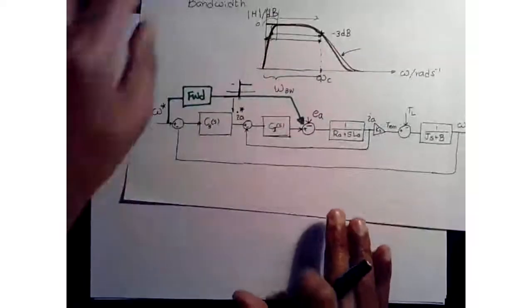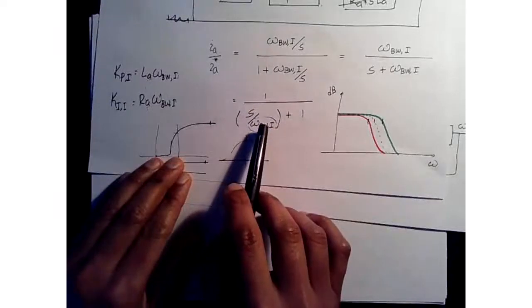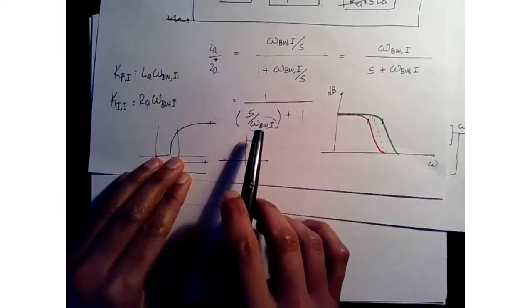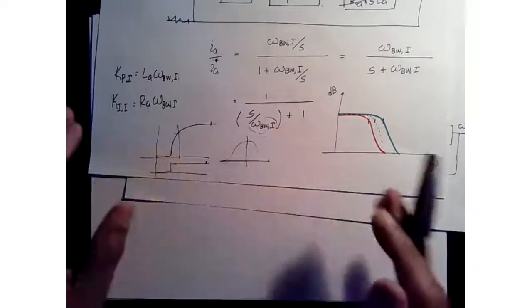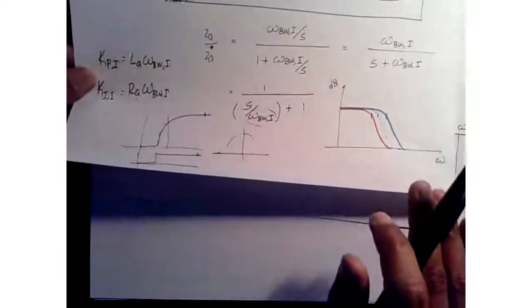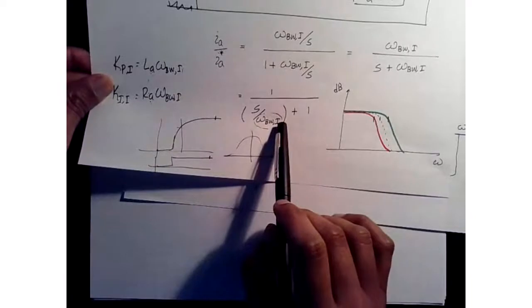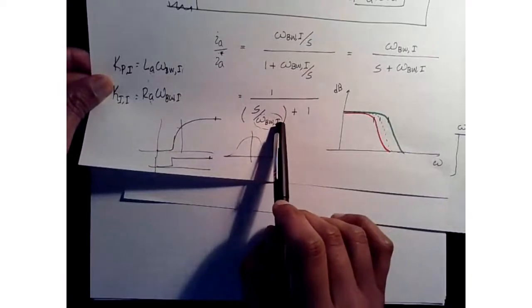Not really. The current loop is responding very fast, right? Remember, we figured out a way to control bandwidth. Naturally, in general, we can say the speed control loop or the mechanical system is going to be slower. That's true. But we could design it to be slower or faster.